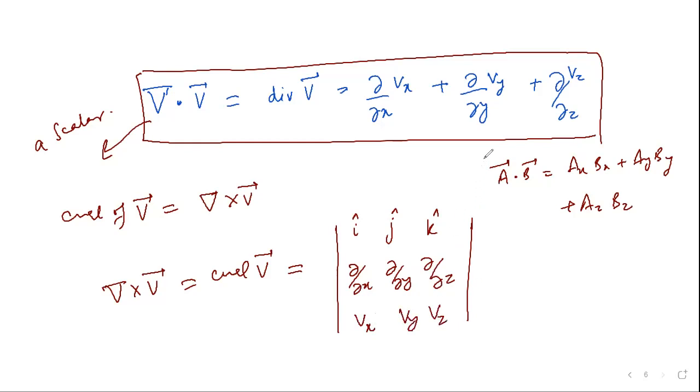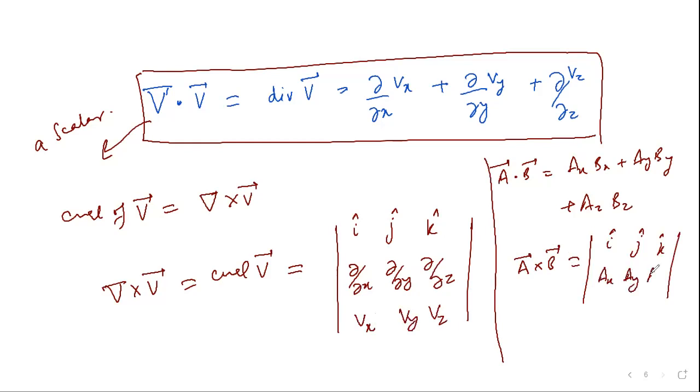Remember, we write cross product of A and B as i cap, j cap, k cap, then ax, ay, az, then bx, by, bz. In order to get A cross B vector, we expand this determinant.